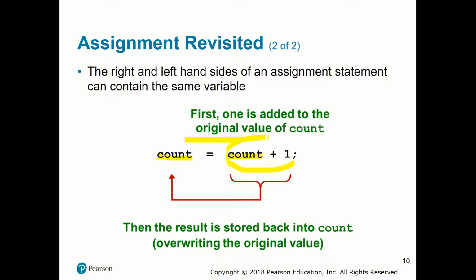So this part is evaluated first, and then the result is stored back into count. That is, we overwrite the original value. This means that count is increased by 1. This statement is very useful, and it is used a lot in code.